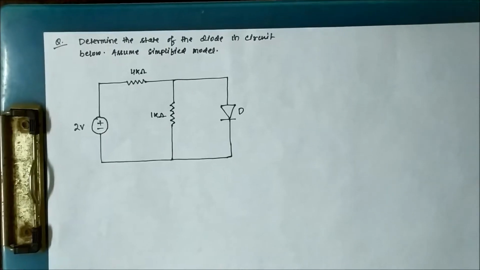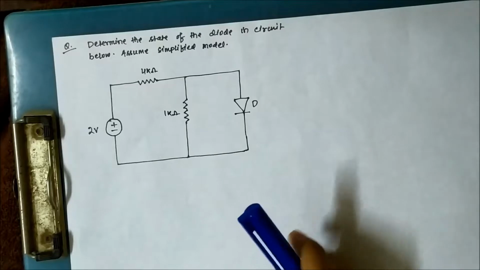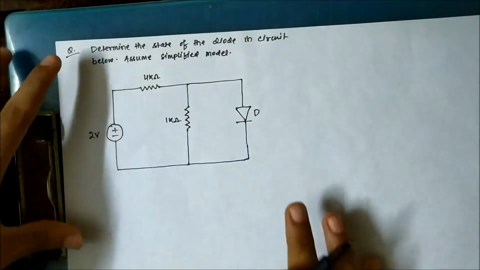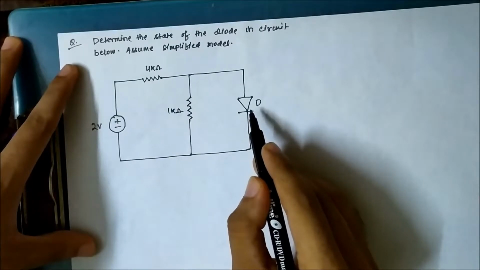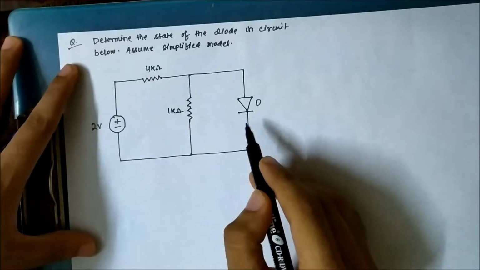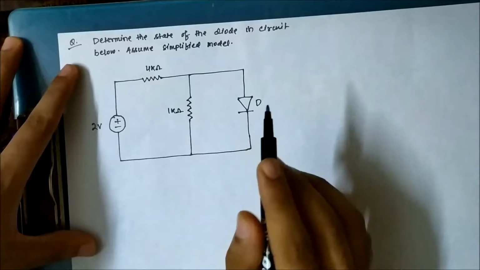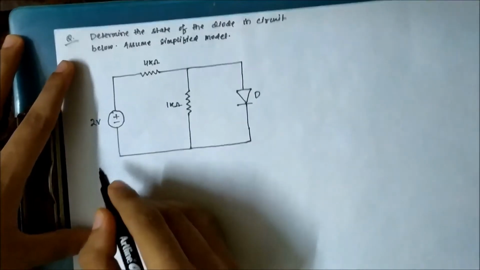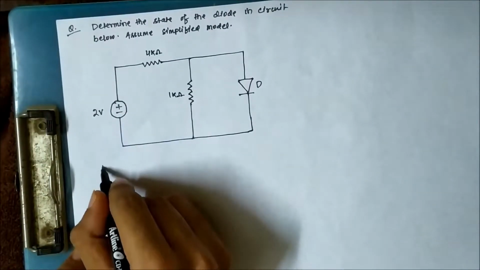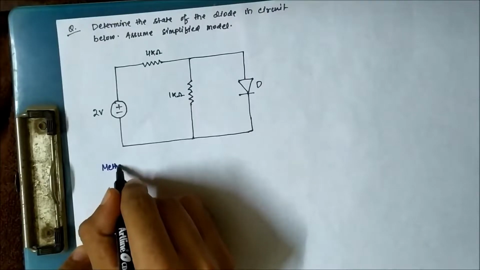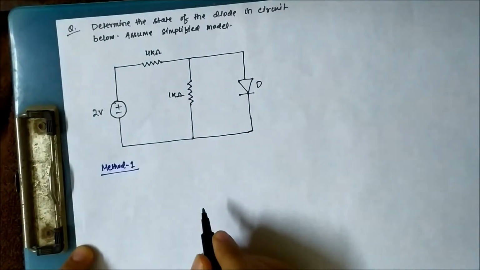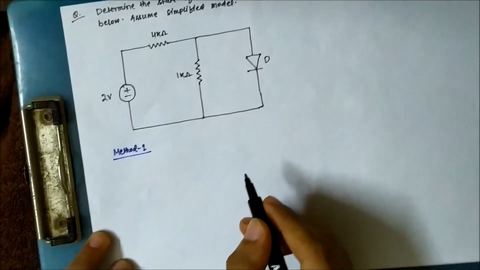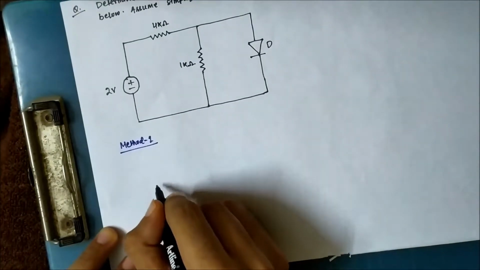In the first approach, the first method, you can assume that this diode is either forward biased or on, or reverse biased or off. Now let us first assume in method 1 that this diode is off, meaning it is open circuited. So let us redraw the circuit.